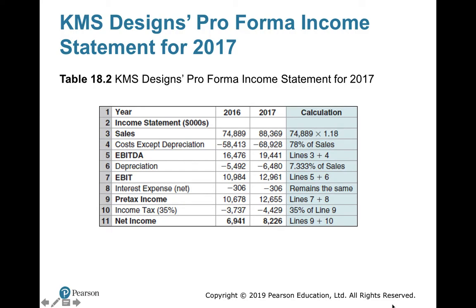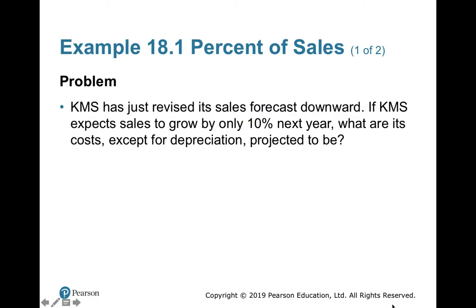Income tax, 35% of 12,655, is 4,429. Net income 8,226. See, and extend this for the next 5 years. You will have forecasting for 18, 19, 20, 21, 22. So this is the way the forecasting income statement is done here.